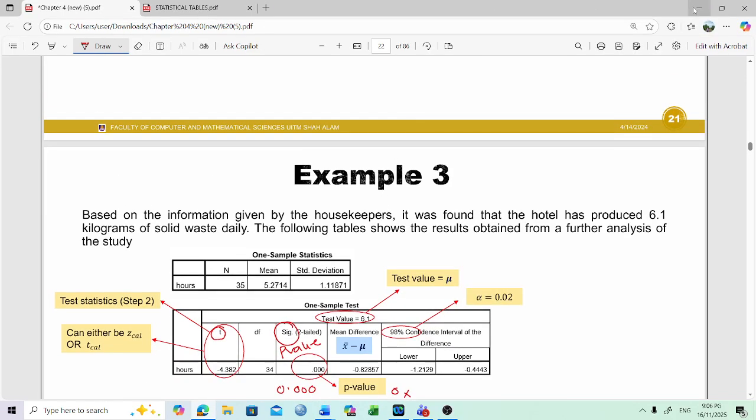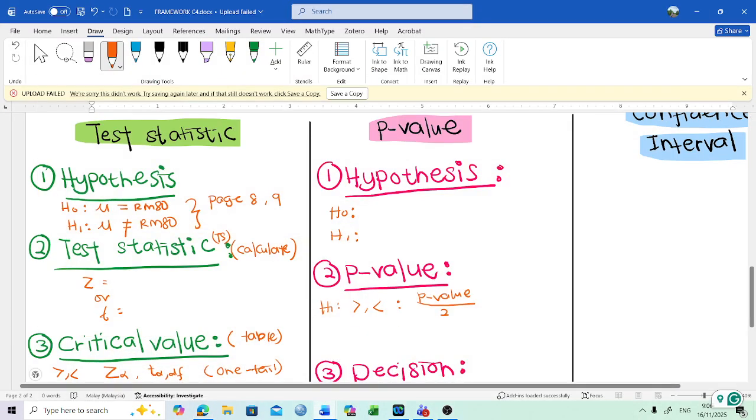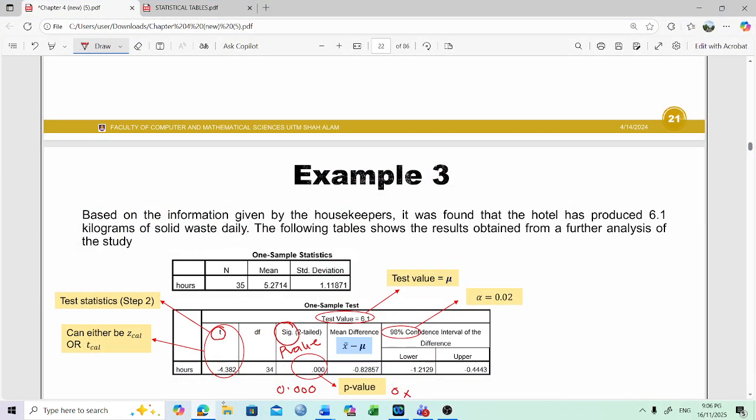If you do not have an example, I'll just give you any value. So let's say that your p-value from this table is not 0.000. Let's say I write it here as 0.005.